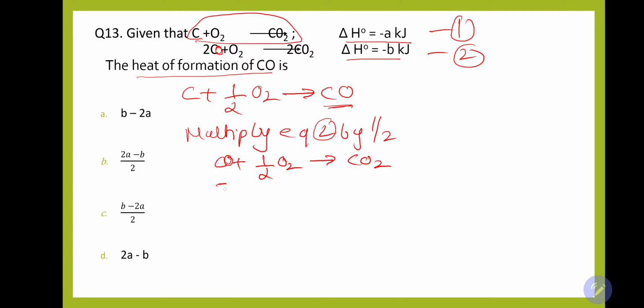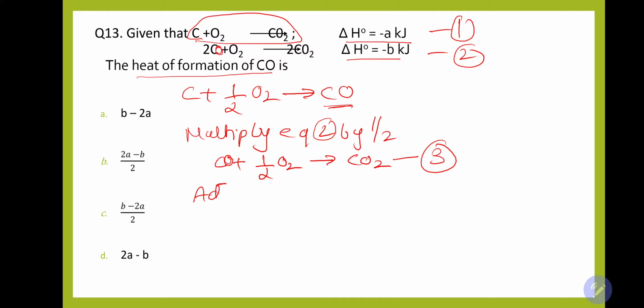Okay, so when you add equation 1 and 2, what you get is... okay, so this is equation 1 and sorry, this is equation 3. So what we are going to do, we are going to add equation 1 and 3.